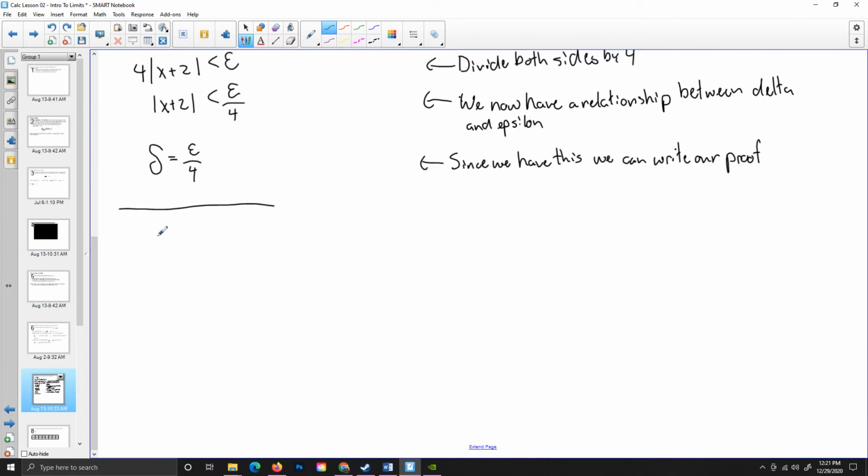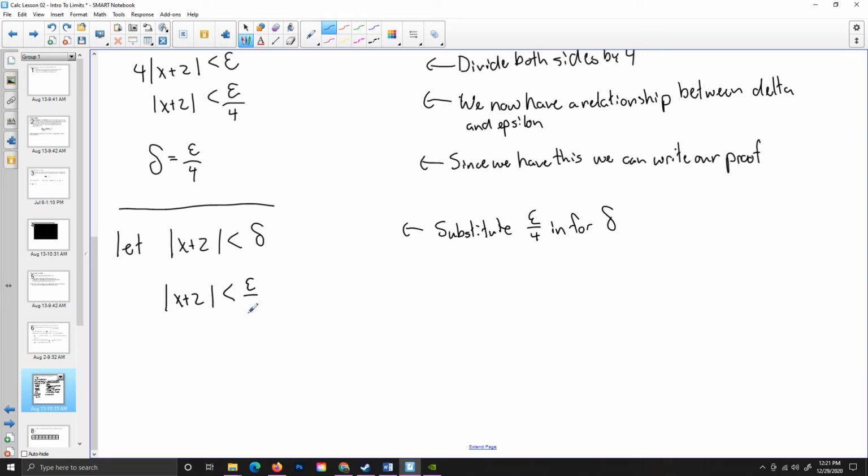Now, we're going to let the absolute value of x plus 2 be less than delta, and we're going to substitute epsilon over 4 in for delta. And so we'll get absolute value of x plus 2 less than epsilon over 4.